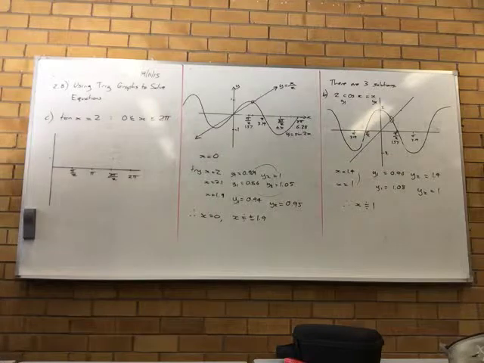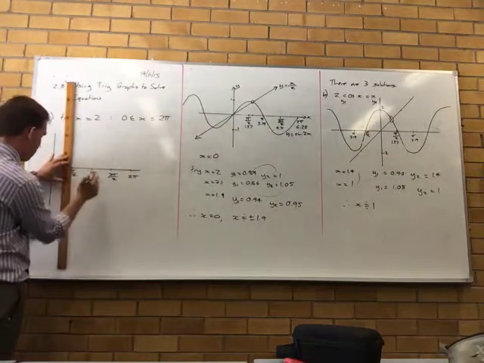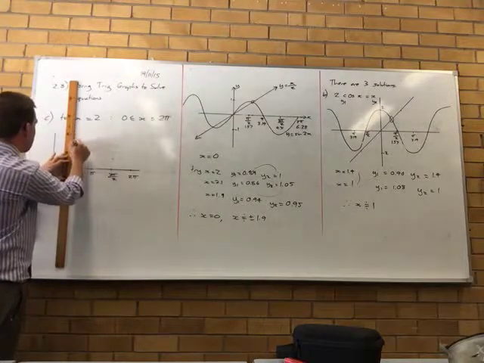Right, so every pi on 2 there is an asymptote, because tan of pi on 2 is undefined.